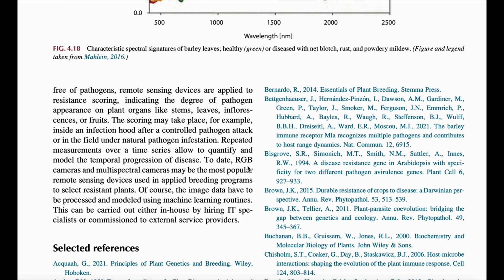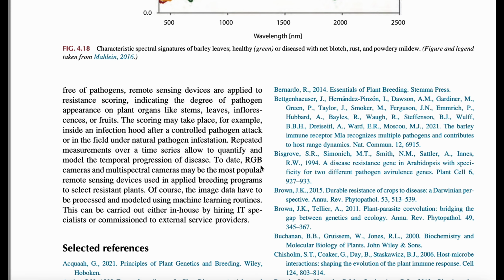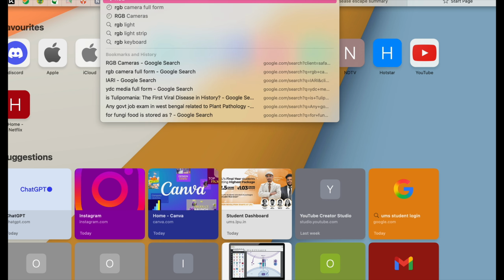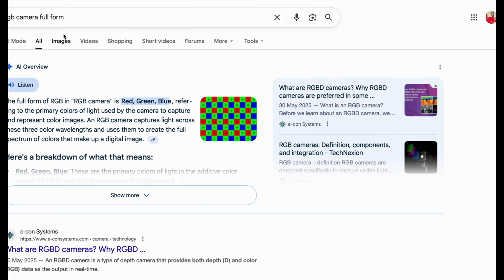To date, RGB cameras and multispectral. Let us quickly check what this RGB is. RGB refers to the colors red, green, blue, the primary colors of light used by the camera to capture color images.